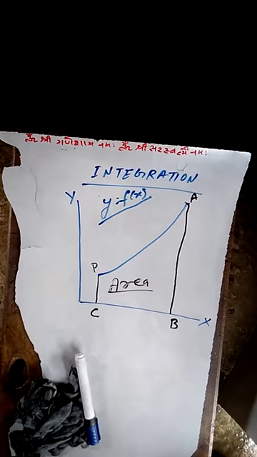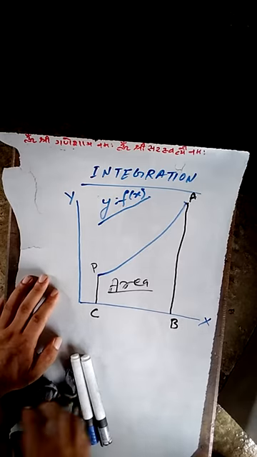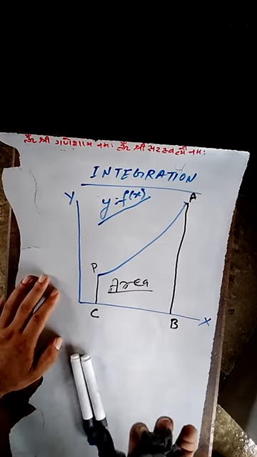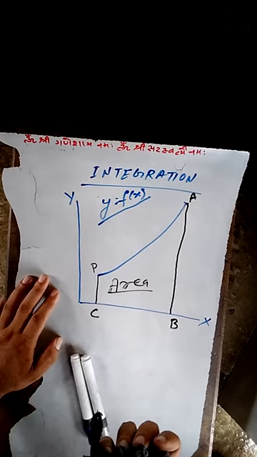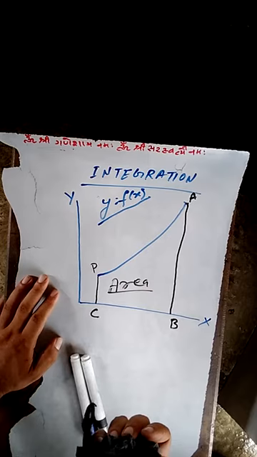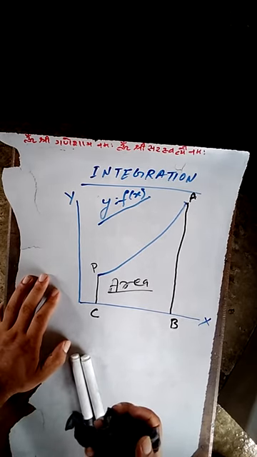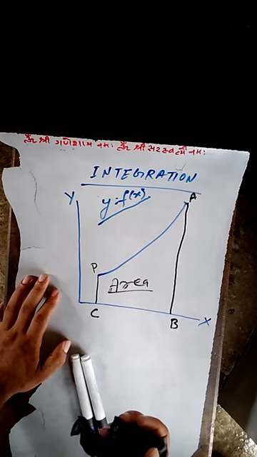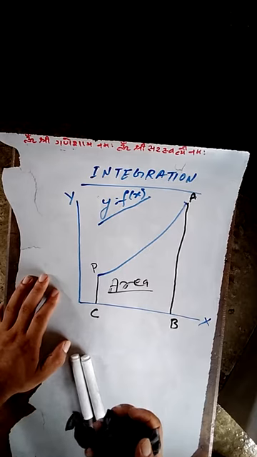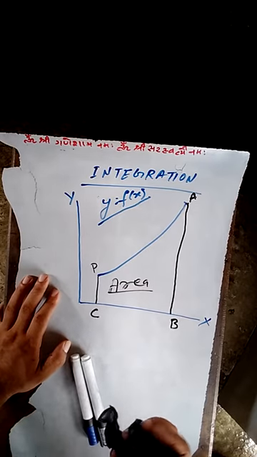Now one question arises. We have many formulas for different types and shapes of areas, for example a circle, a rectangle, a square, a trapezium. All of these are well defined.